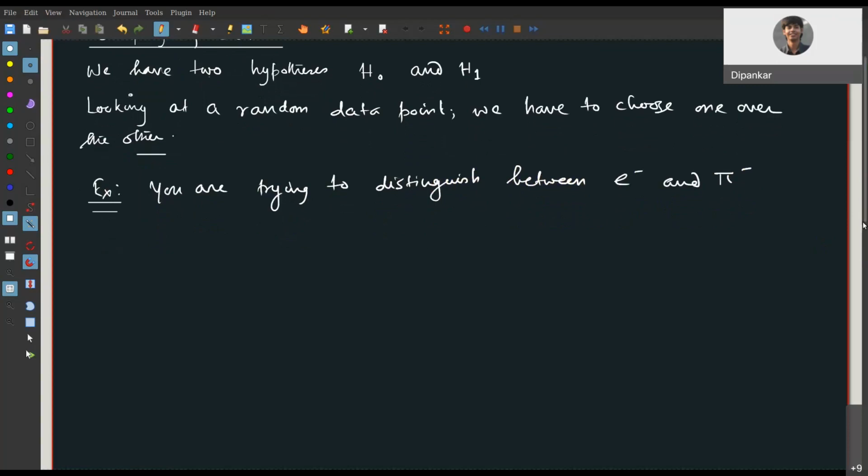Now this is a bad example that I have chosen. There are many ways to distinguish electron and pion quite unambiguously, but suppose you are trying to distinguish between them by looking at the ionization that they produce in a gas chamber.